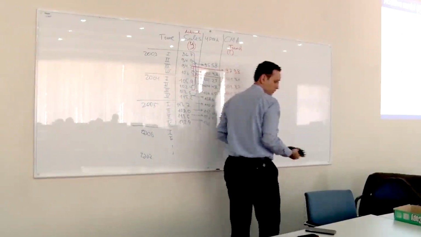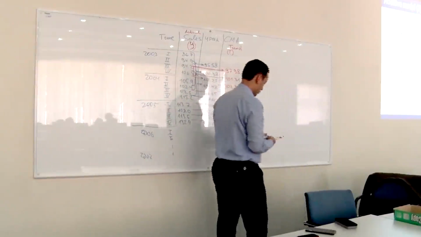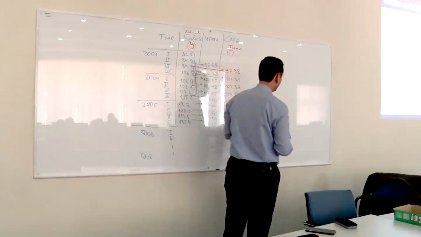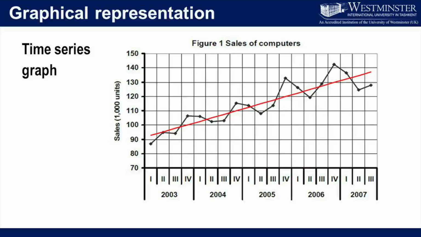So what you have to do is make sure that all the years are included. All the years are included. That's 2003, 4, 5, 6, and 7.